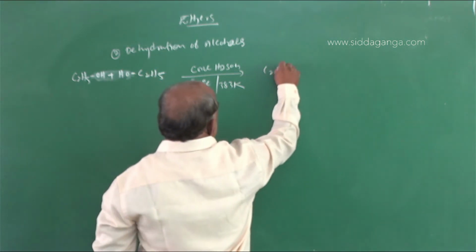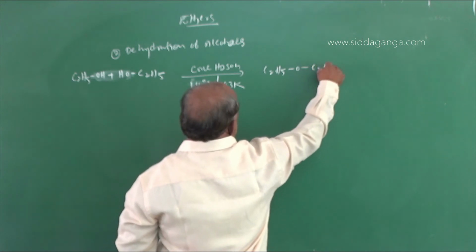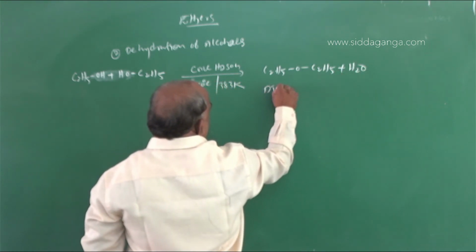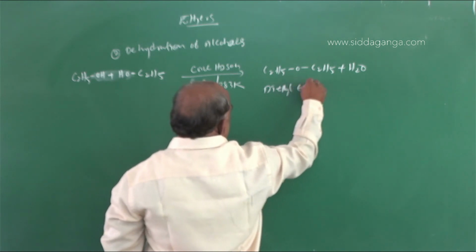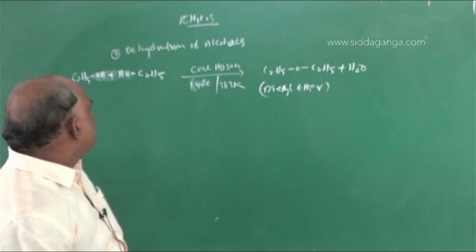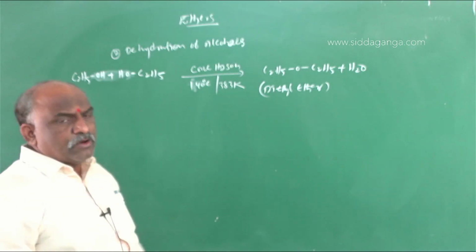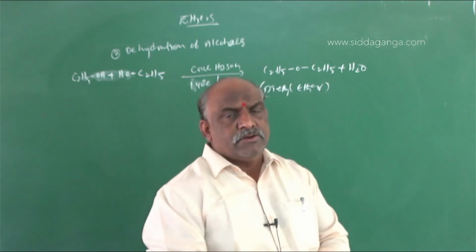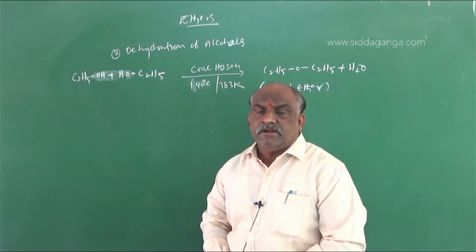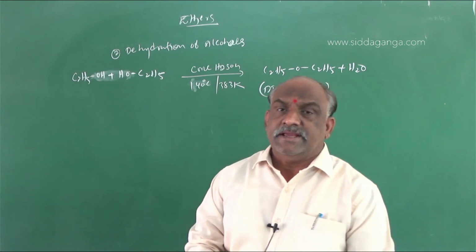Then what is the answer? C2H5OC2H5, diethyl ether. In dehydration of alcohols, we require two molecules of alcohol. Two molecules of alcohol undergo dehydration in the presence of concentrated sulfuric acid, giving rise to diethyl ether.